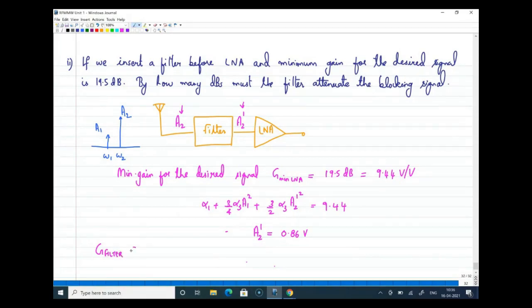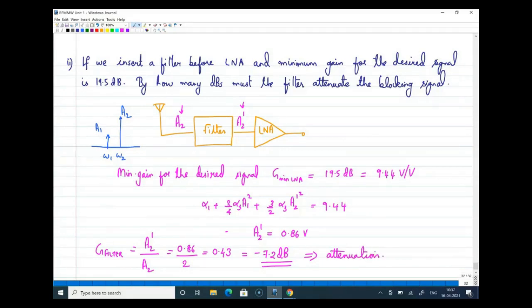It is basically attenuation, or I'll write it as gain only. A2 dash is output, A2 is input. If I take this ratio, it is equal to 0.86 divided by 2, which is close to 0.43. Or if I convert into decibels, this will be equal to minus 7.2 decibels. So minus 7.2 shows that this is attenuation.